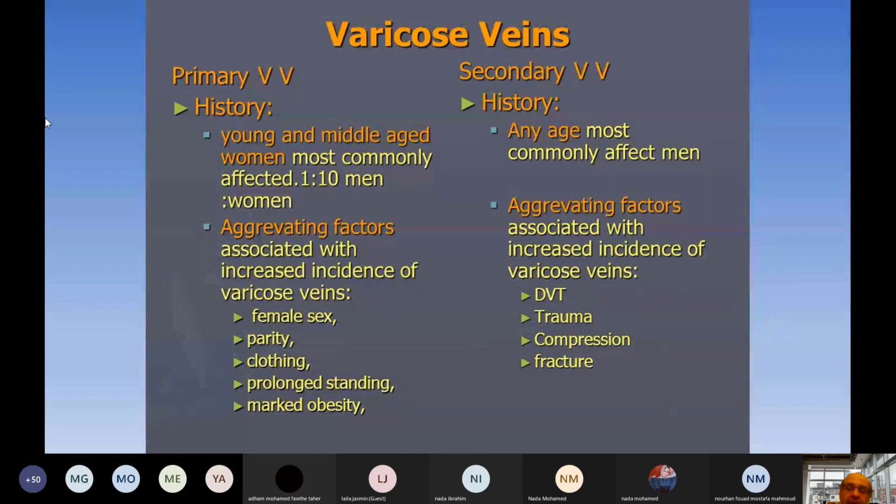The secondary varicose vein, as we have said, is when the patient has a varicose vein in the superficial system, secondary to a problem in the deep system, and in most cases this is due to DVT. The patient with secondary varicose vein has aggravating symptoms, pressure.